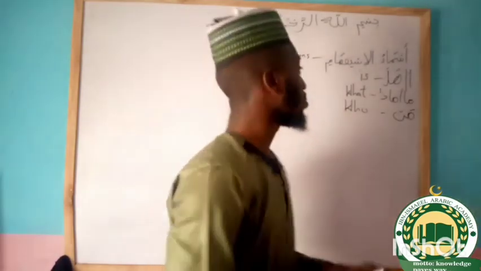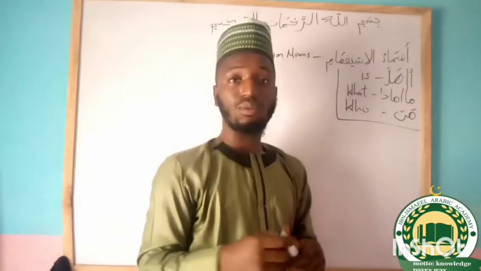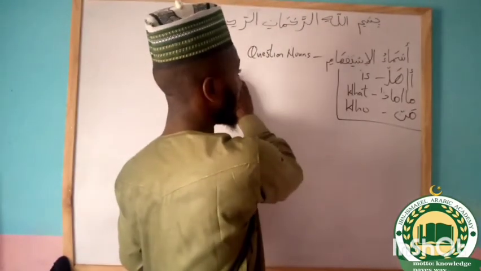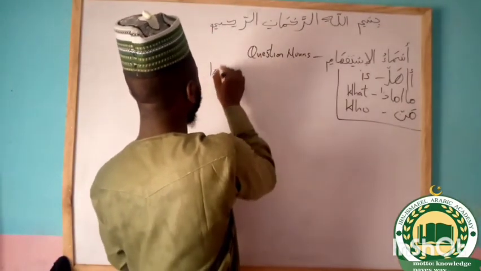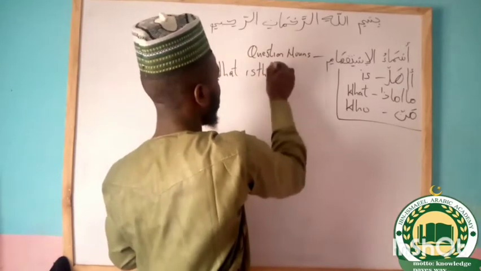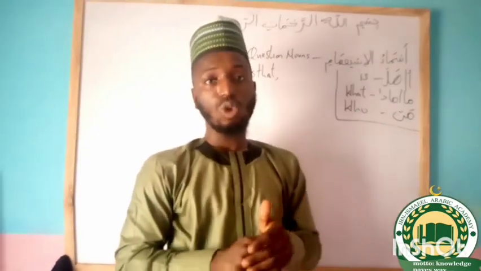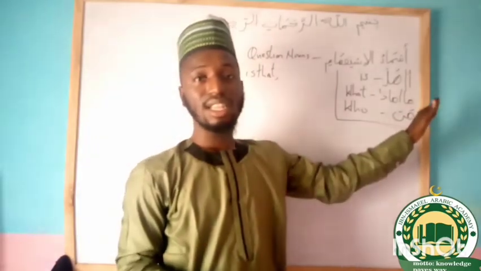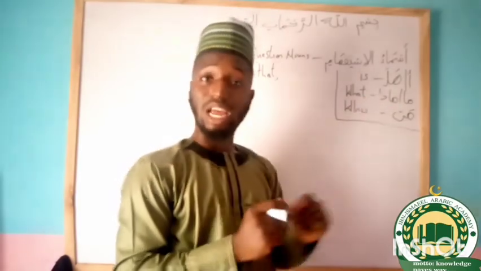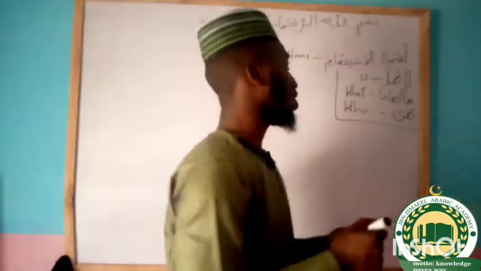Now let's continue. When we know this, let's ask ourselves: if I say, "What is that?", how can we write this in the Arabic language? "Ma" is the linking verb meaning "what is", and "that" is "dhalika".